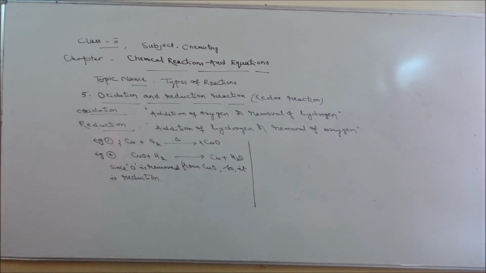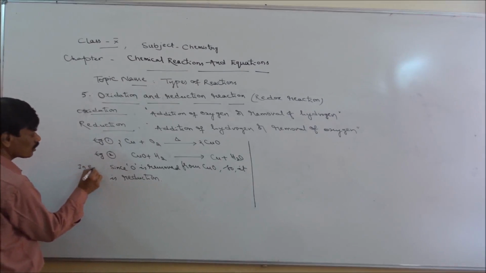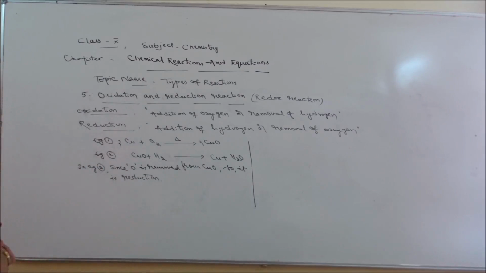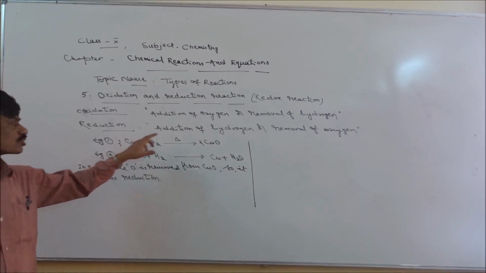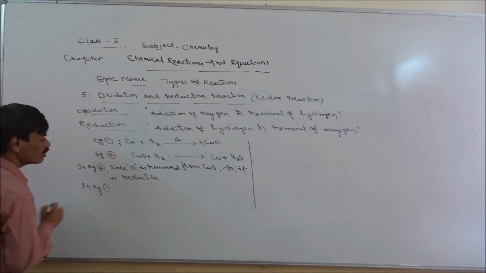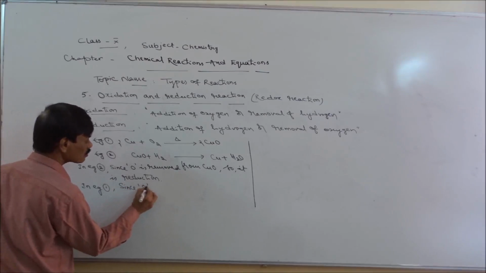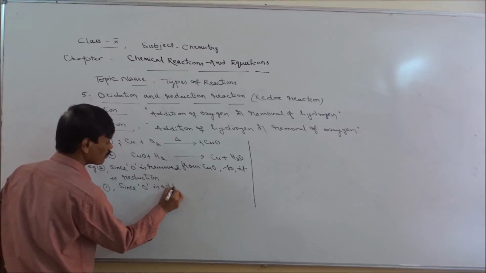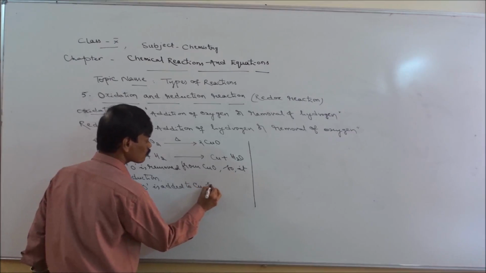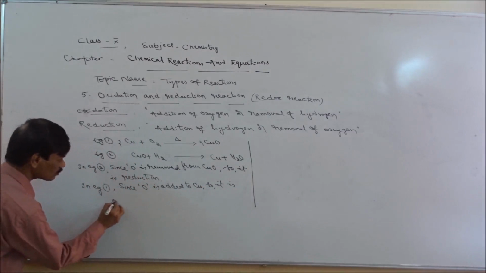Whereas in the first case, oxygen is added to copper to form oxide. So in example 1, since oxygen is added to copper, it is an oxidation reaction.